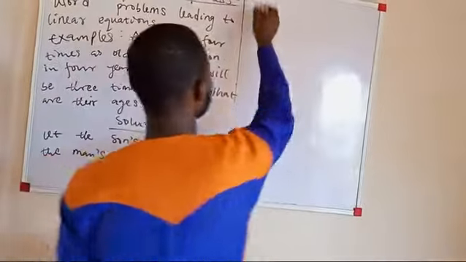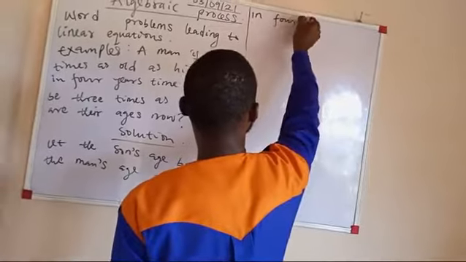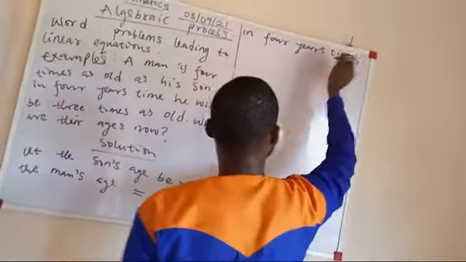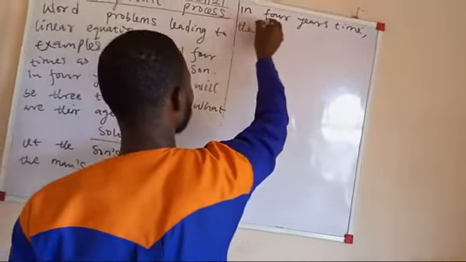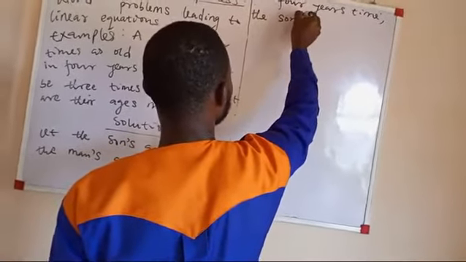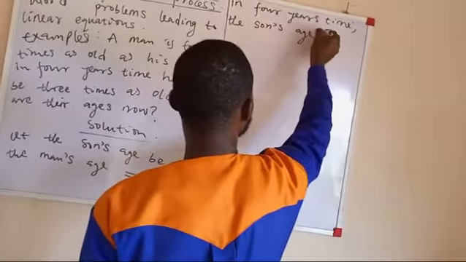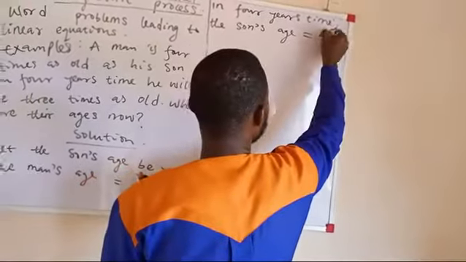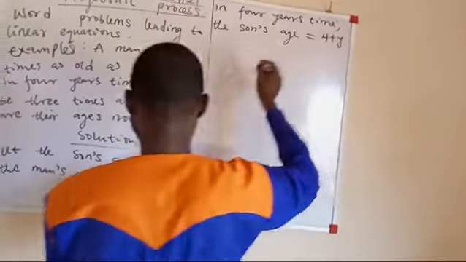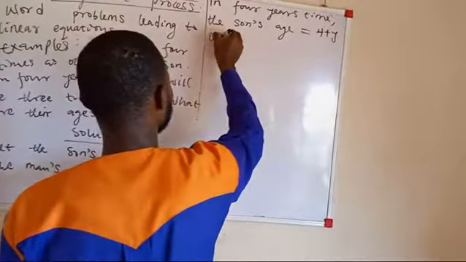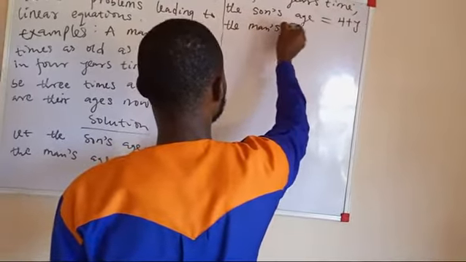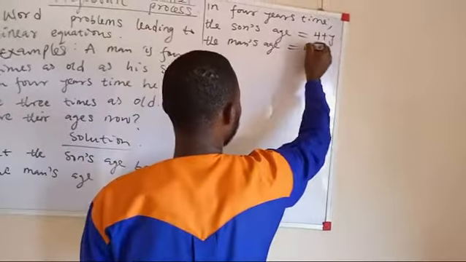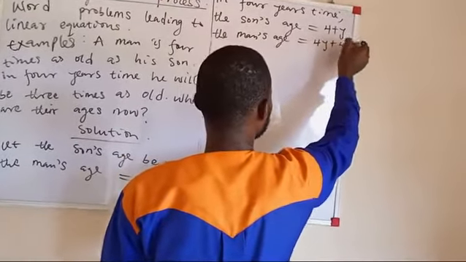So in 4 years' time, the son's age will be 4 plus y, and the man's age is equal to 4y plus 4.